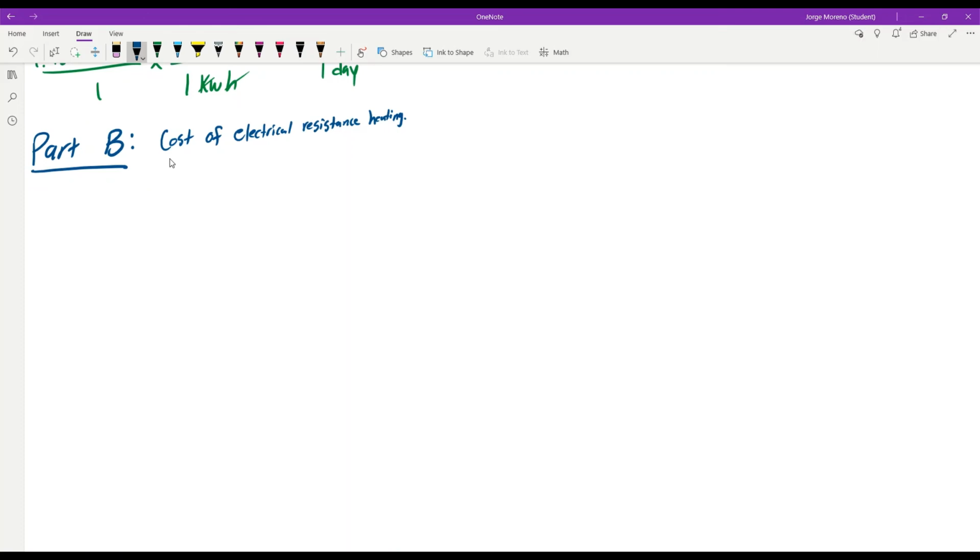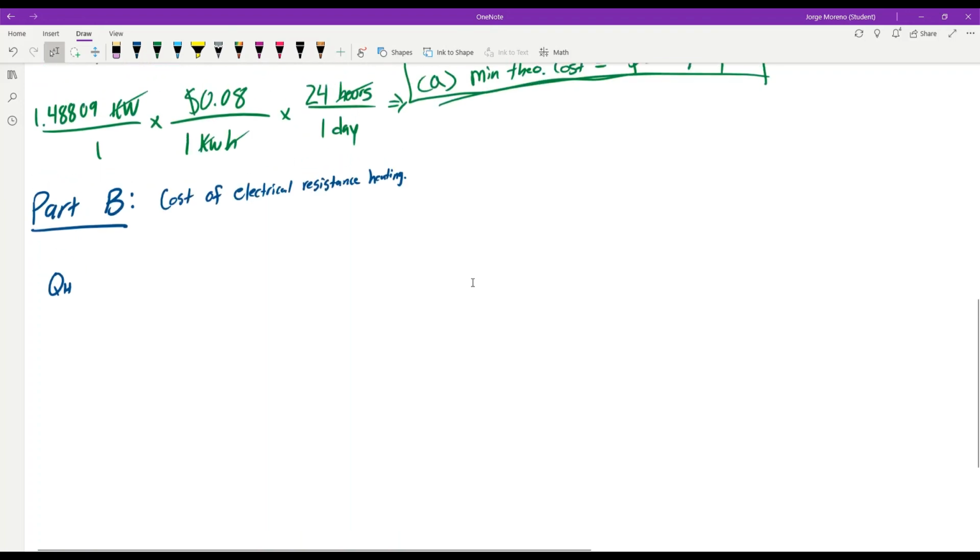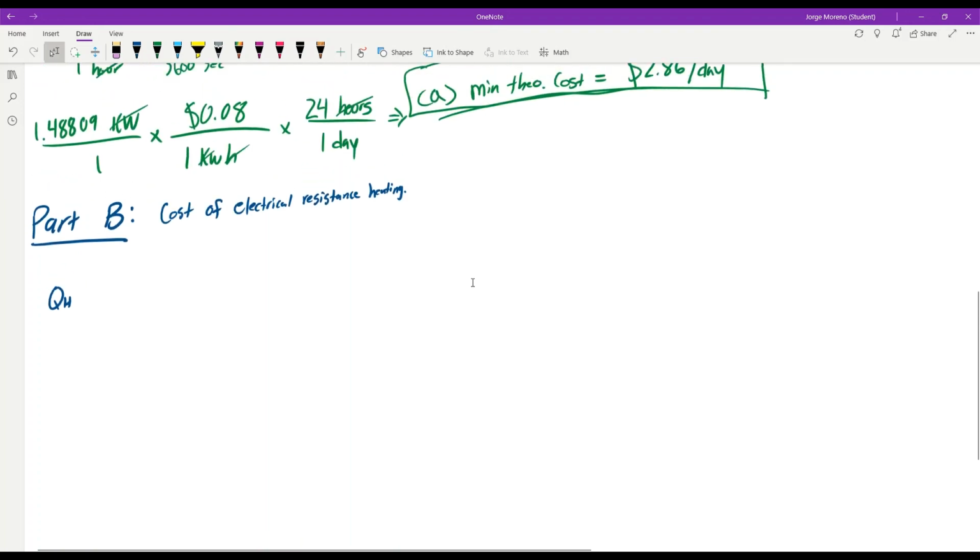In order to find the cost of the electrical resistance heating, we need essentially to find out what QH is. We're given QH, but QH is the heat that is leaving the pump, which is being used to heat the home. So that's why we have to look at QH to get the cost per day.